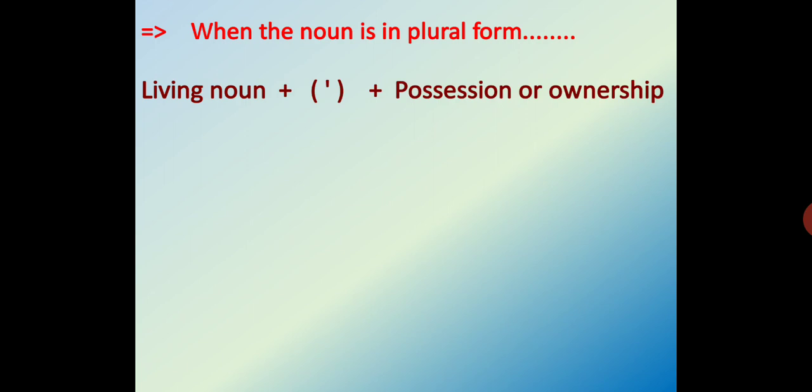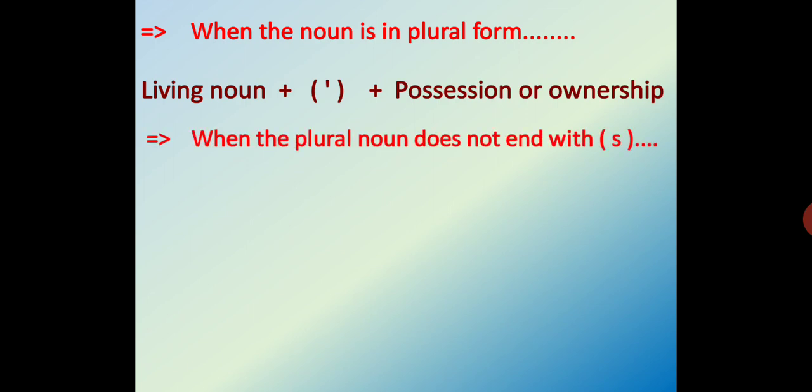And the next possibility is when the plural noun does not end with s. This kind of plurals are called irregular plurals. Have you remembered the examples of irregular plurals?